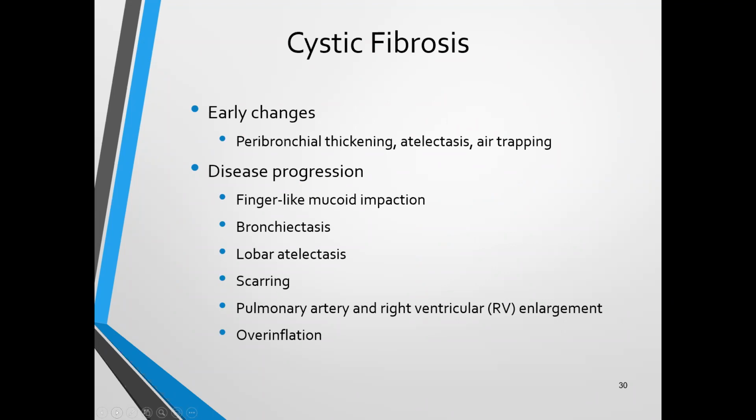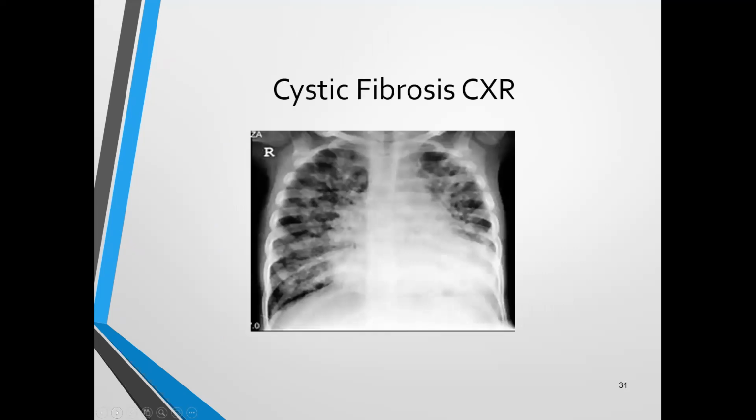So now you have irregularities and pocketed airways, lobar atelectasis, scarring, pulmonary artery and right ventricular enlargement, because the lungs have been bad for a period of time. The body constricts the vessels serving the lungs, and the right heart preload can be significantly increased. Overinflation can be an issue as well because of the combination of several of the above factors.